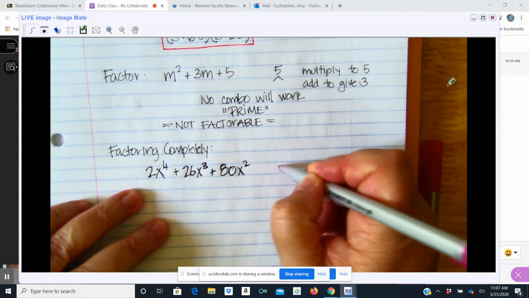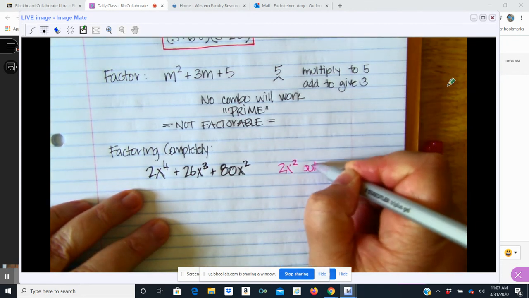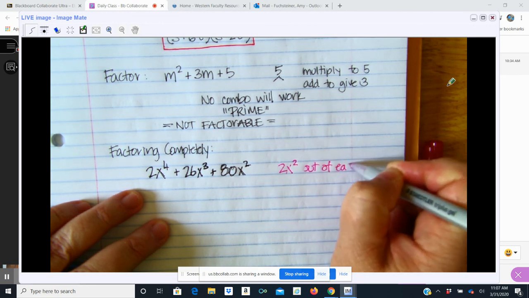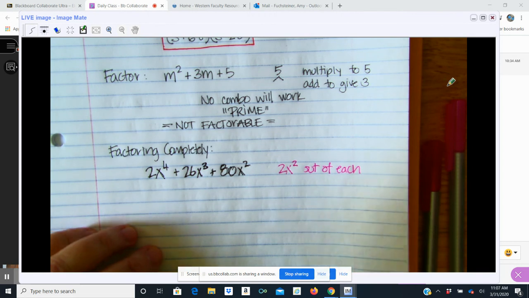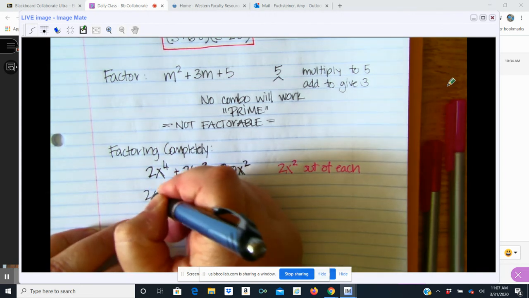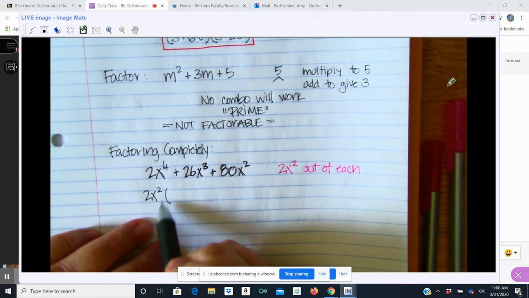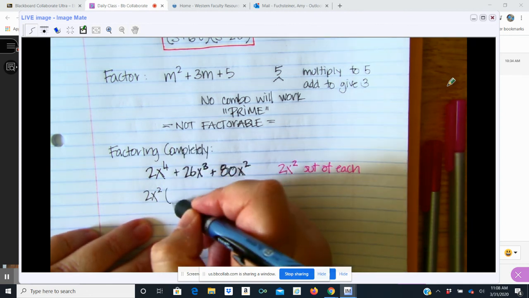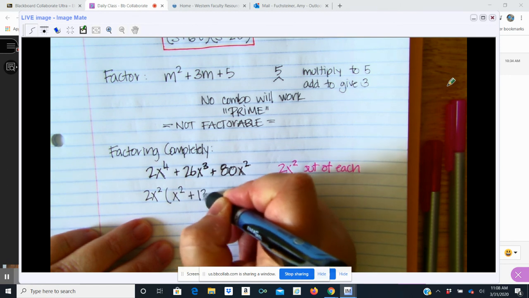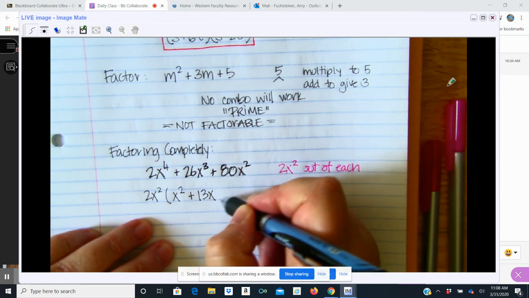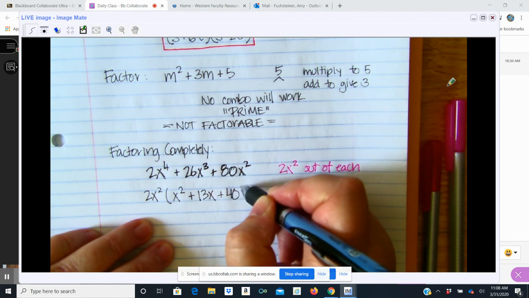You can take a 2x squared out of each. And if I take out a 2x squared, then I'm left with x squared plus 13x plus 40.